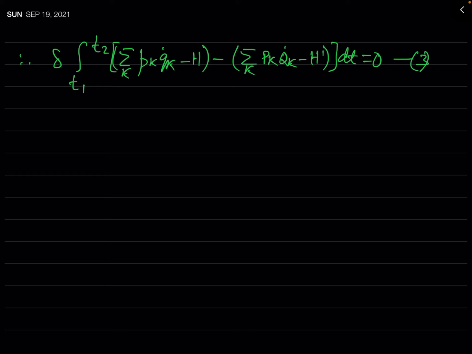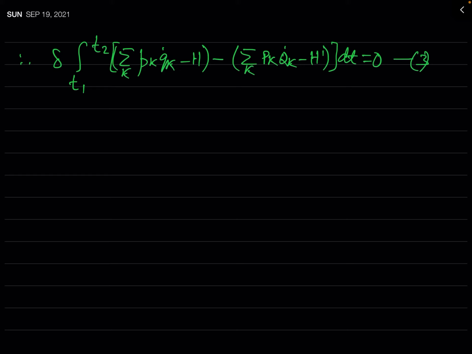In fact, in this equation 3, the integrand is not known to a certain extent. In other words, you can say that the integrand of this equation 3 is something uncertain. We do not know what this integrand is.